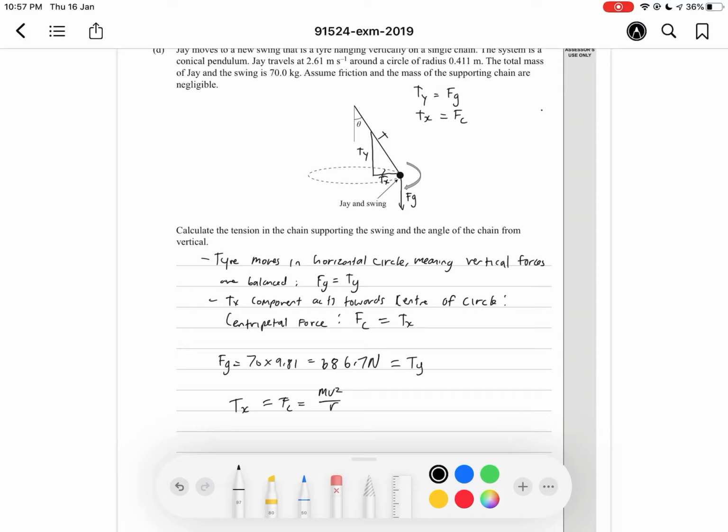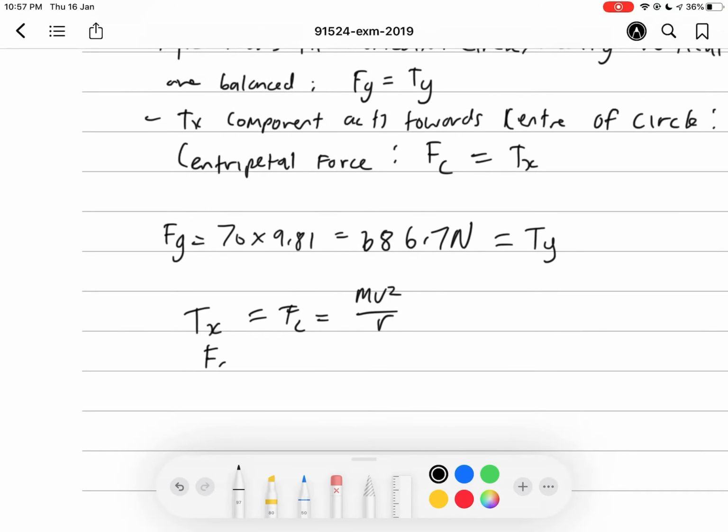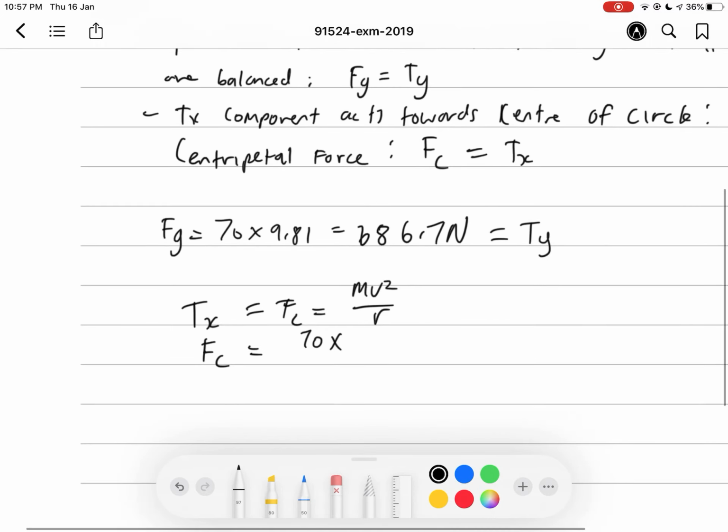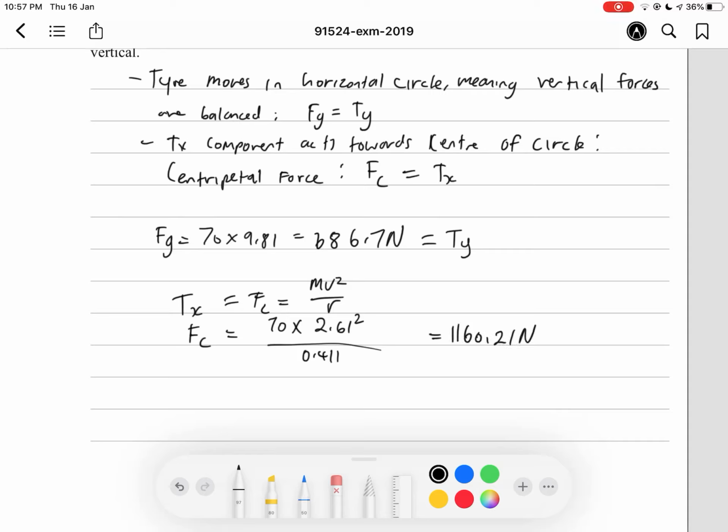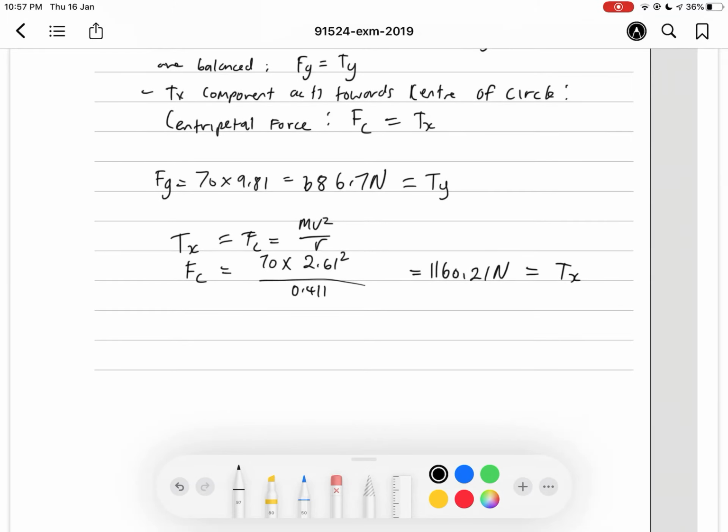Our mass is 70, our speed is 2.61, and our radius is 0.411. So Fc is equal to 70 times 2.61 squared divided by 0.411. That gives an Fc of 1160.21 newtons, and that is equal to our Tx component.